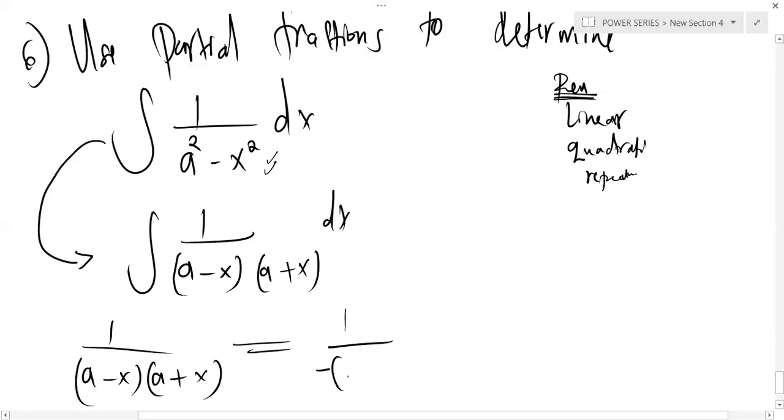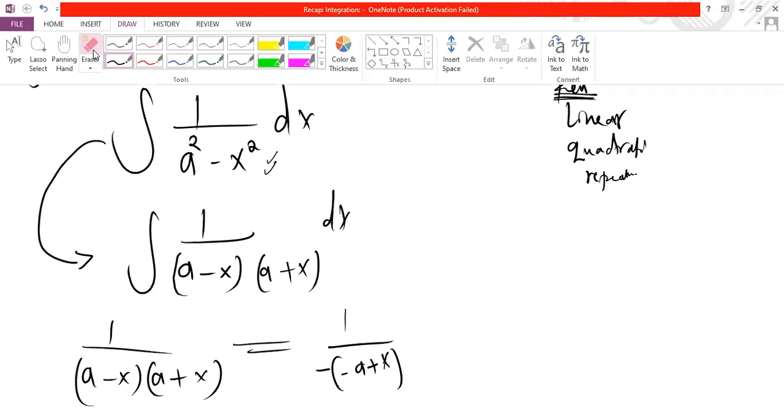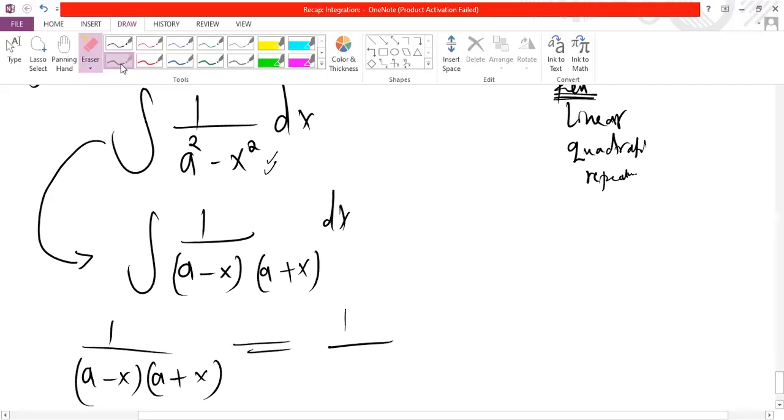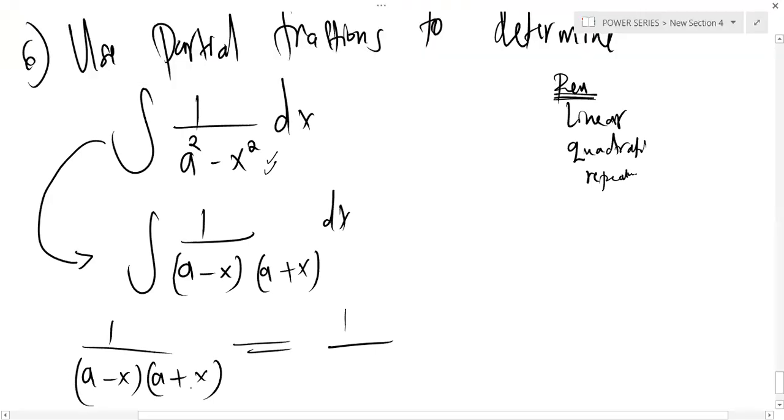So taking out the minus, we have minus a plus x. But I've actually seen that if you take out the minus, it's going to affect this other one. I wanted to make both the x's positive. But anyway, let's just go on and evaluate it the way it is.